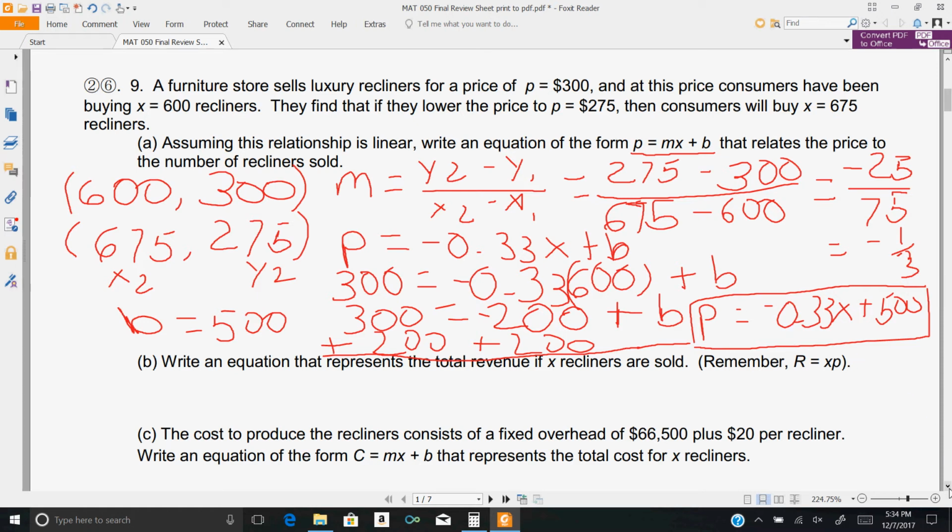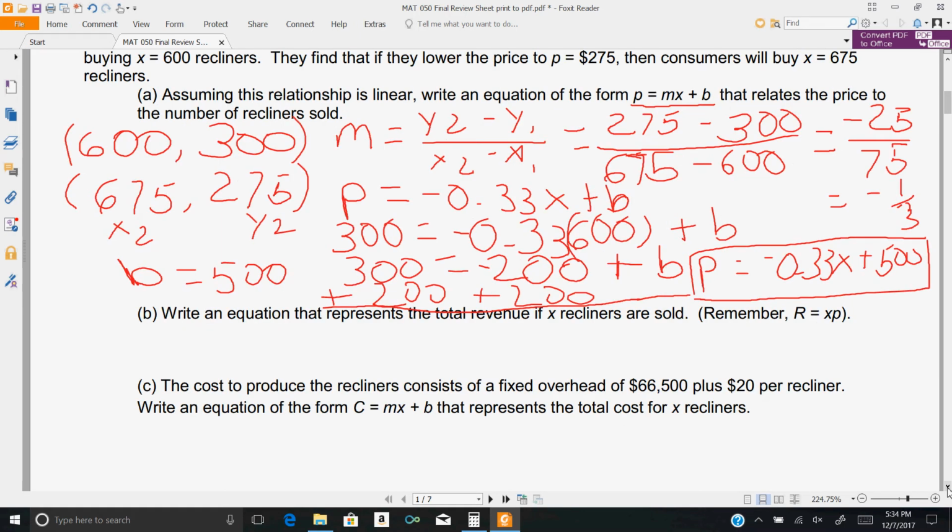Question B then, write an expression that represents the total revenue if X recliners are sold. And it reminds us that revenue equals X times the price. I'm going to say R equals X, and I've got an equation for P, the price. I'm going to put that in.